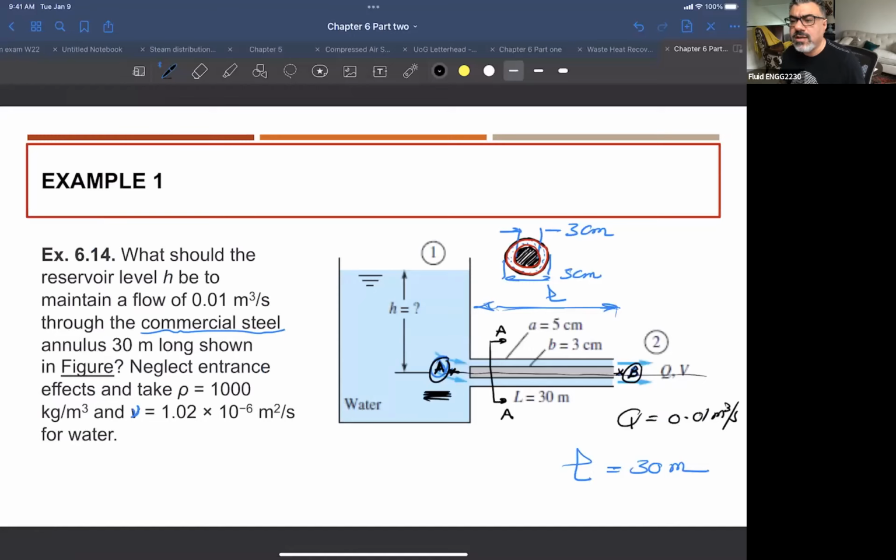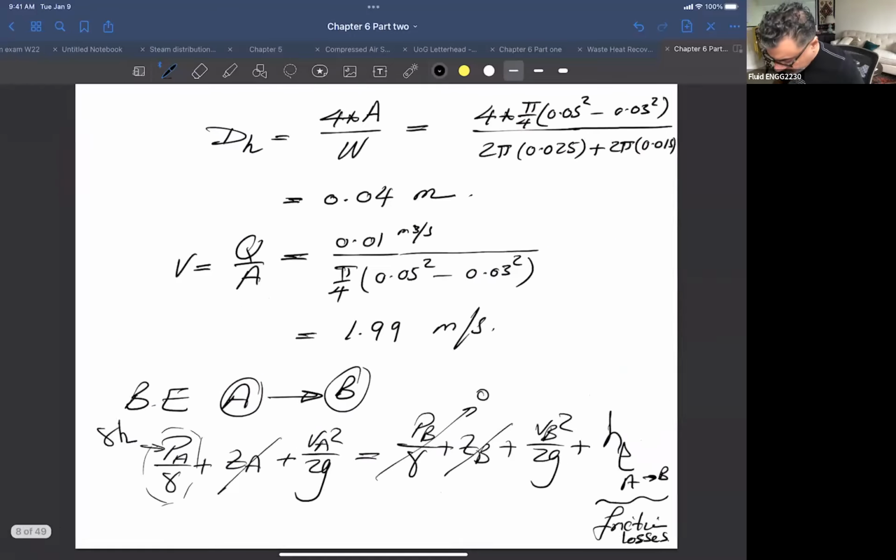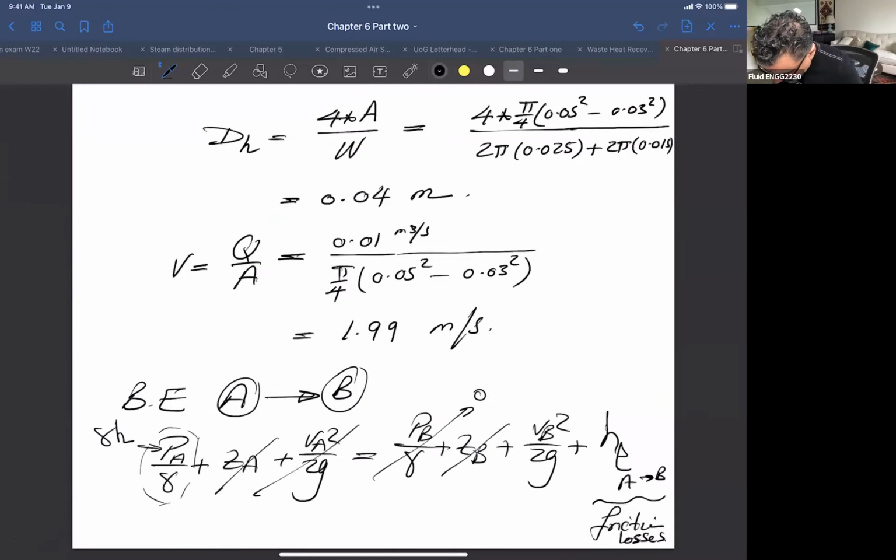The assumption here is straightforward: any point inside the tank, we said the velocity will be zero. The velocity at point B, VB, is the same as the 1.99 meter per second.